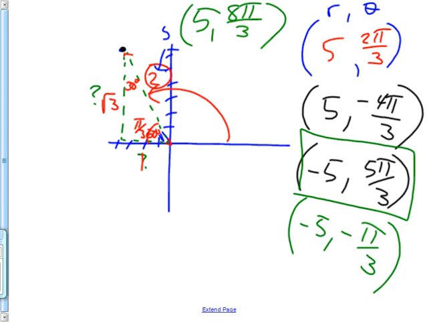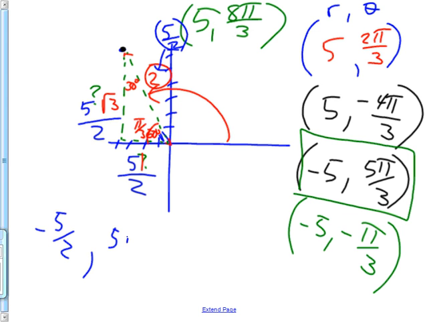So I just figured out I can scale it up by multiplying everything by 5 over 2. So I multiply this by 5 over 2, and I multiply that by 5 over 2. So now can you see my answers for x is -5/2, and for y is 5 root 3 over 2. I know that was a little intense.